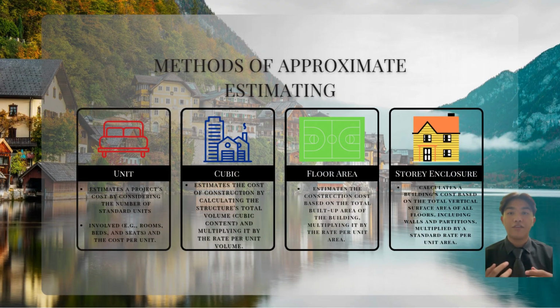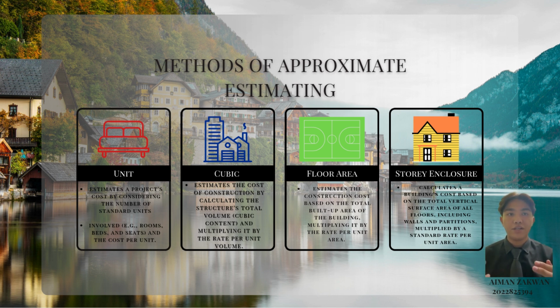For the methods of approximate estimating, there are 4 methods, which is unit, cubic, floor area, and story enclosure. For units, unit area estimates a project's cost by considering the number of units, where it involves rooms, beds, seats, and etc. For cubics, it estimates the cost of the construction by calculating the structure's volume and multiply by the rate per unit volume.